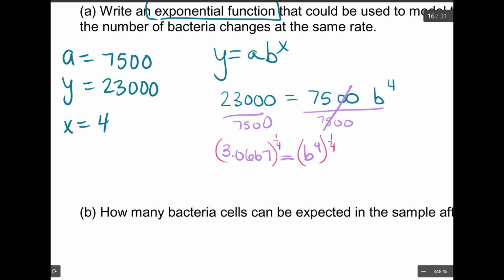By having it to the 1/4 exponent, the 4 and the 4th cancel out on the right side. And on my left side, the 4th root of 3.0667 is going to be 1.3233.